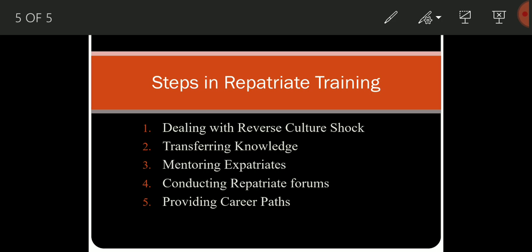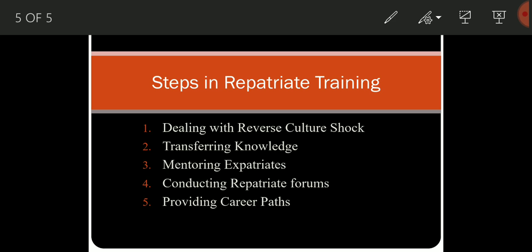Next is mentoring expatriates. Repatriates can serve a key role in helping organizations develop a global workforce by serving as a mentor to expatriates going to the same country or part of the world. Here the repatriates who have completed their assignment in a foreign country may act as mentors for future expatriates going to the same country or part of the world.